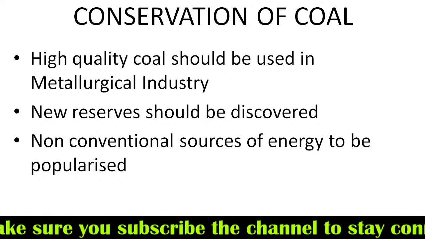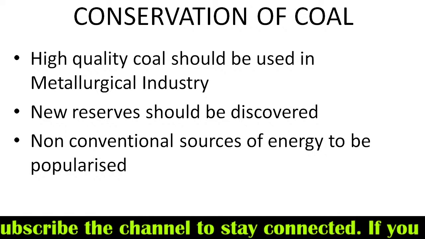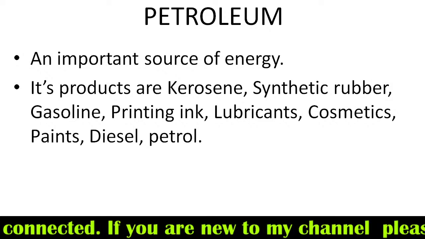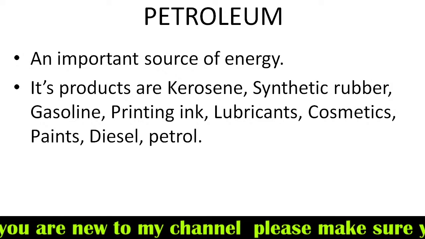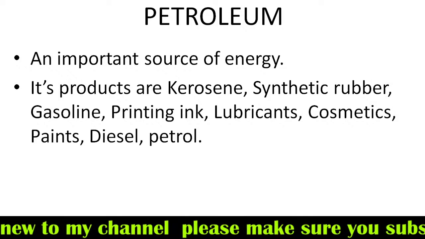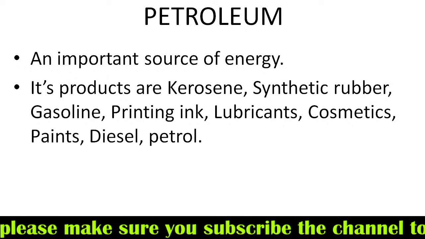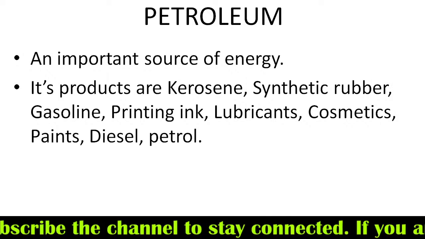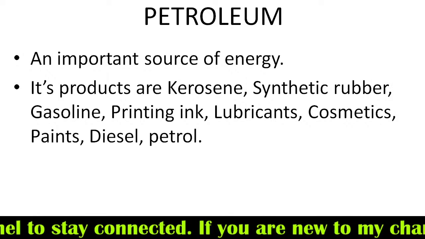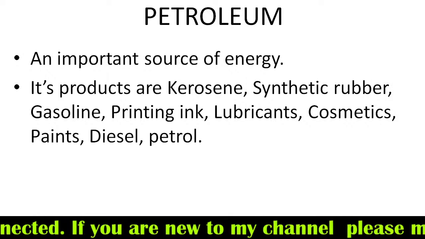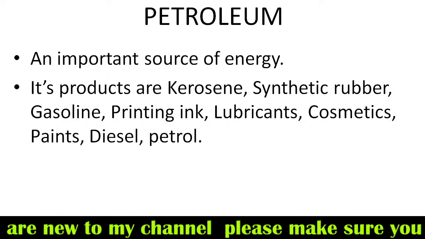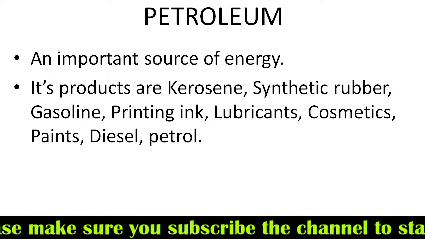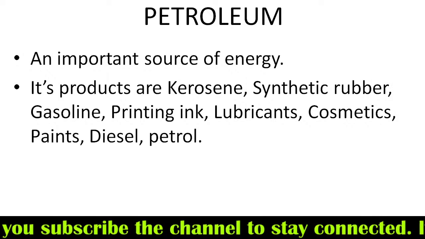Now the next prominent point is petroleum. When it comes to petroleum and natural gas, both are found in the fossil rich rocks. Natural gas is found at the top, mineral oil below that, and water at the bottom.